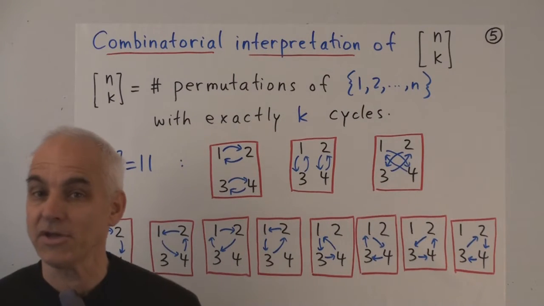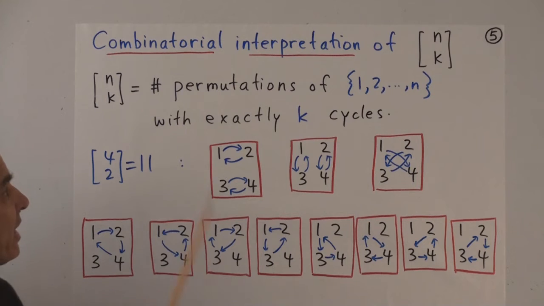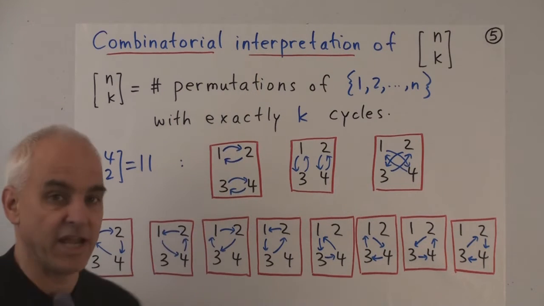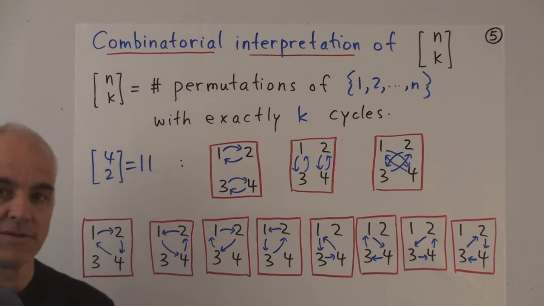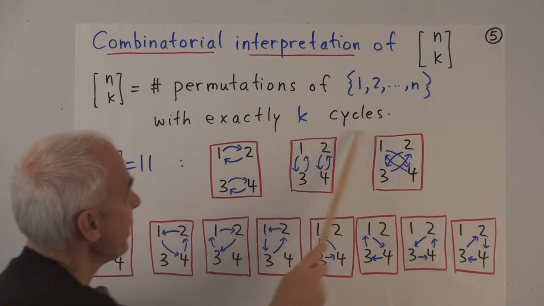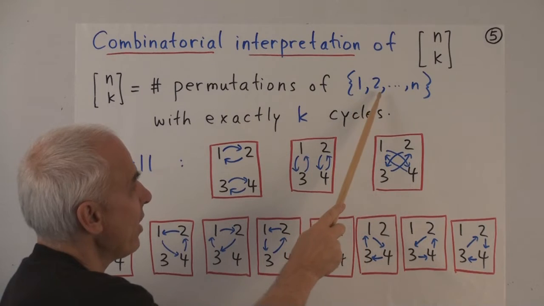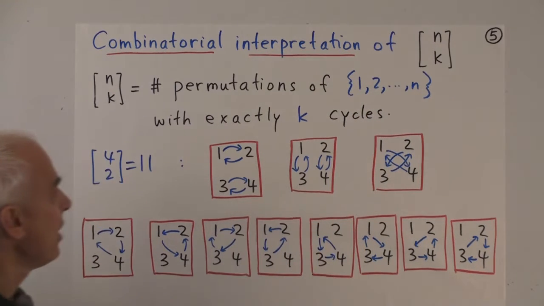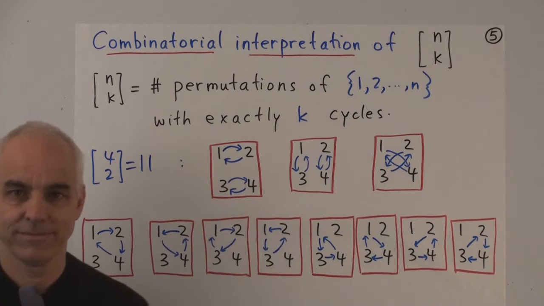One of the reasons why Stirling numbers are interesting and important is because they have a combinatorial interpretation. N bracket k has an alternate incarnation as a combinatorial number. It's the number of permutations of the set 1, 2, up to n with exactly k cycles.